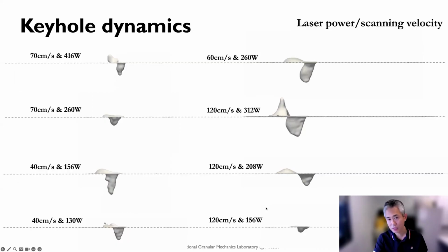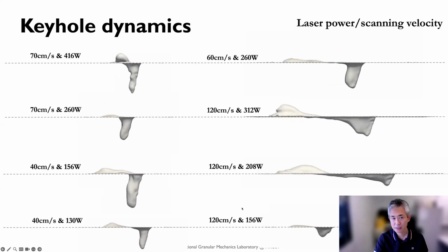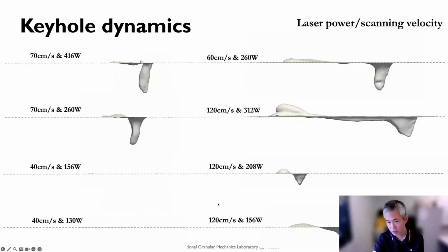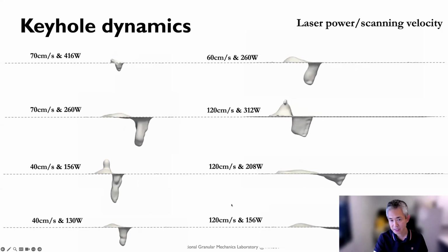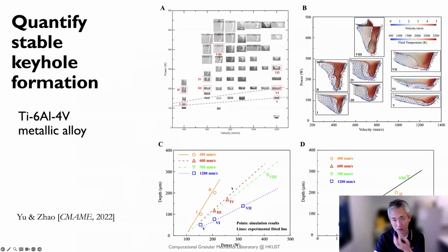So this is what we do in our simulations. We can use different combinations of laser power and scanning velocity, and really explore the different cases and generate different keyholes. With that, we can further explore the whole combination space, and in such a diagram, a VP diagram, we identify the stabilized melting area here.